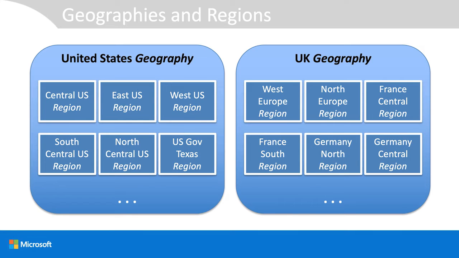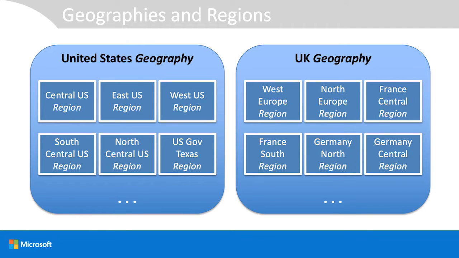In order to provide reliable services to people all over the world, Microsoft has created some logical boundaries called geographies. The border of one of these geographies is often the border of a country, and for good reason. A lot of countries have specific regulations around data handling, and it's really not uncommon for a company to feel more comfortable hosting their cloud services inside of the country where they operate.